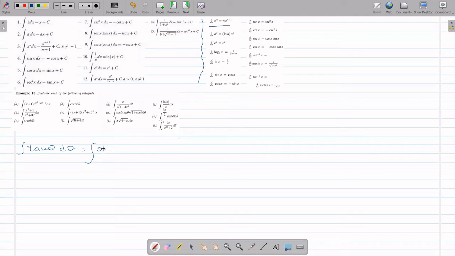Tan theta I can write as sine theta over cos theta d theta.